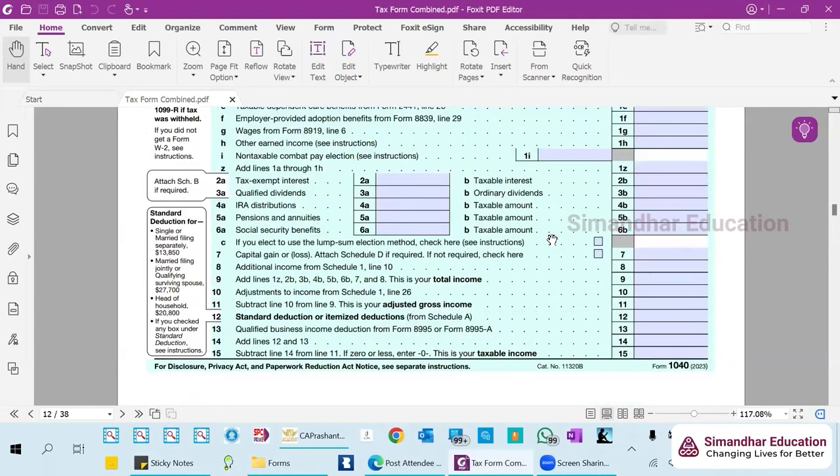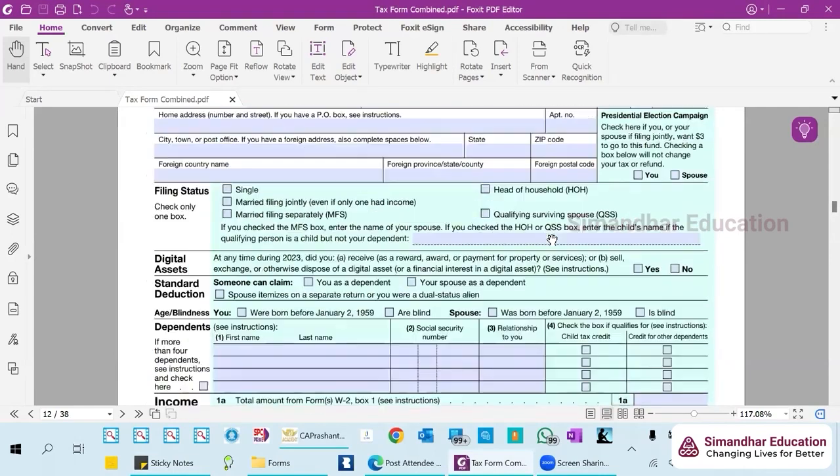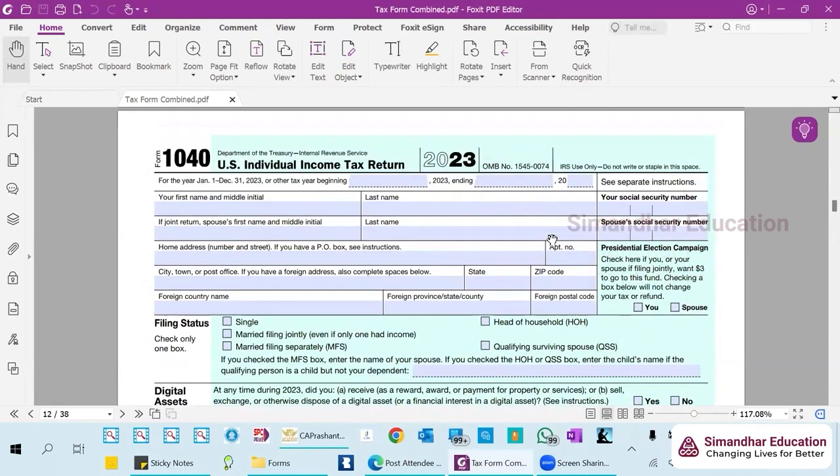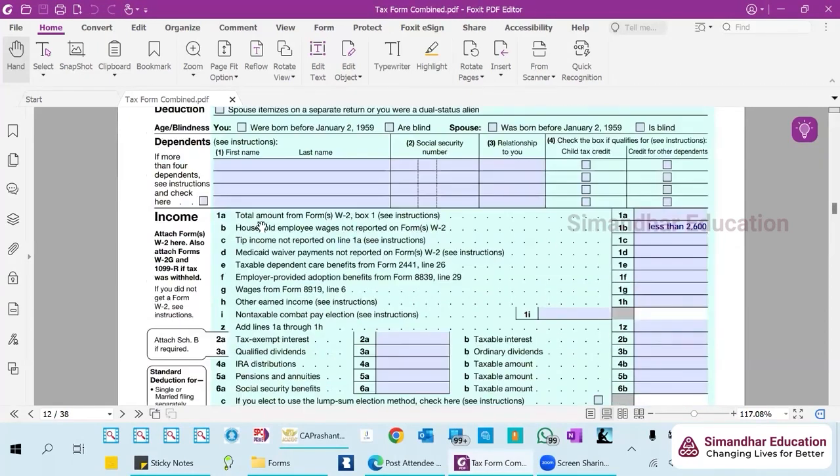We'll get into details of 1040, but let's see how it is linked together. You see here line 1a, total amount from W2. The amount I was talking about earlier has to come and sit here. Household employee, tip income, medical aid, and dependent care benefits we will discuss in detail.